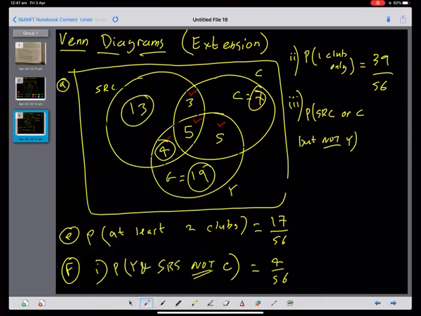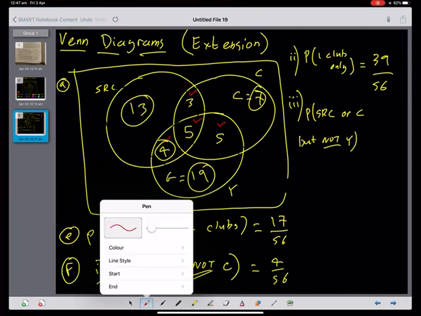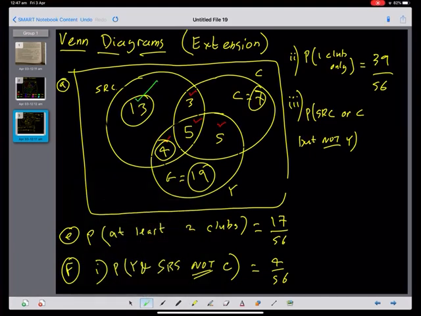So we've got SRC, which is here. Let's do this in green. We get SRC, which is here, or chess, which is here. But not yoga. Okay, let me have a think about that.